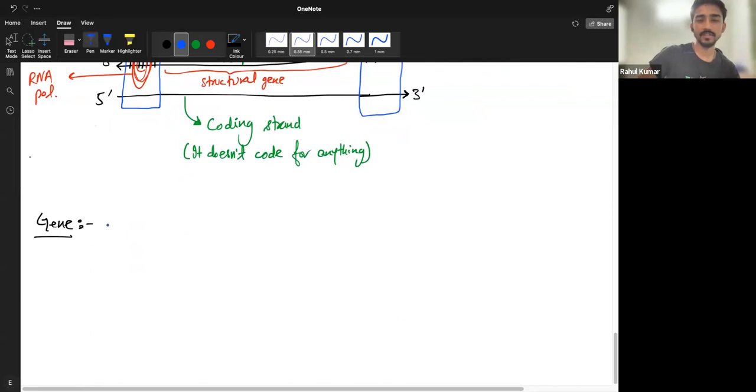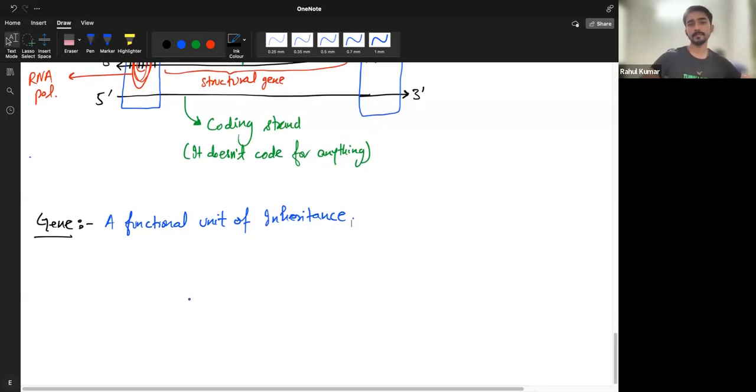So can I say that a gene is a functional unit of inheritance? Can I say this? Yes.